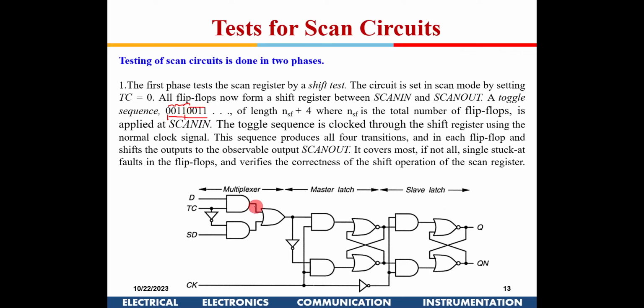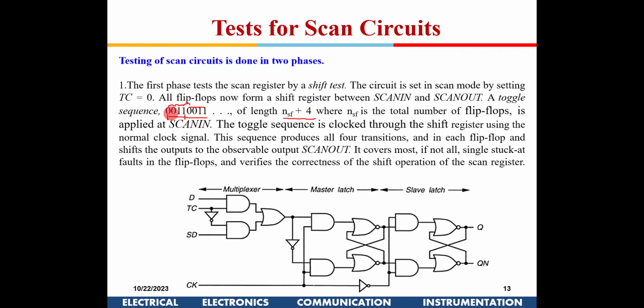So how many test vectors, and how long should I run this? That is the question. If the number of flip-flops is n, then n plus 4 bits should be repeated on the input side. The total number of bits, the length of this string, should be n plus 4.